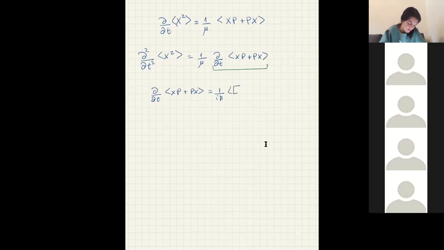And now here again, that thing, xp plus px, and the Hamiltonian. Right. Which again, it's going to be 1 over 2 i mu h bar, xp plus px, and now we have here p squared.